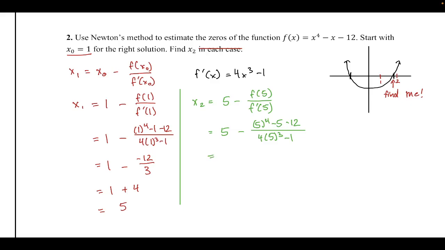I did this calculation ahead of time: this would be 625 minus 5 minus 12, and that is 4 times 125 minus 1. So this is 5 minus 608 divided by 499, which is approximately 3.7816. And that right there, to 4 decimal places, is x sub 2.